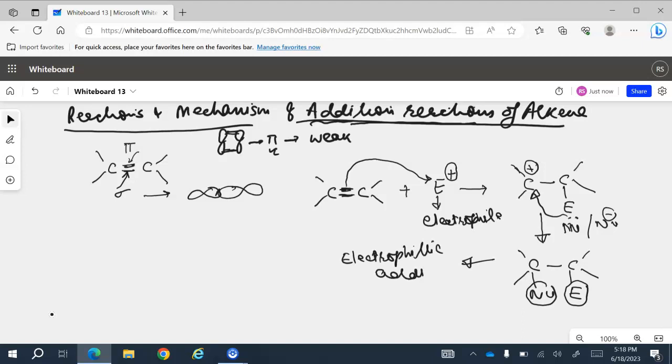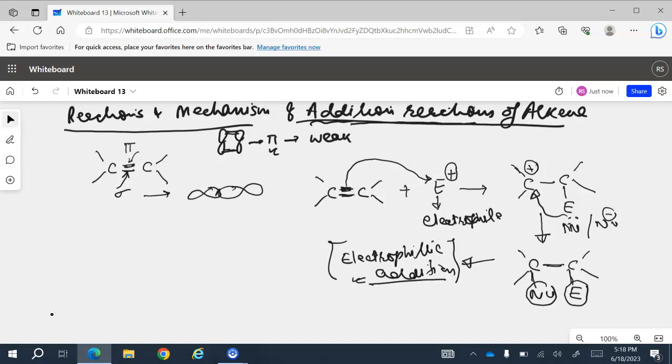So one of the most common types of reactions of alkene is the electrophilic addition reaction, in which the electrophile is added to one carbon and the nucleophile is added to another carbon. Another important point is that this pi bond will break and generate two new sigma bonds with the electrophile and the nucleophile.